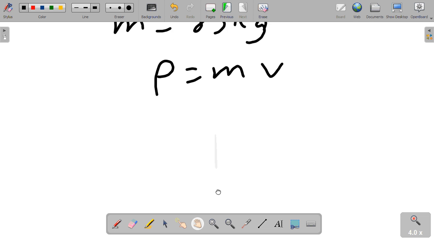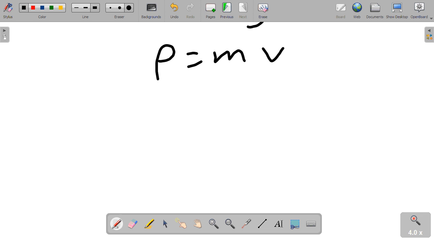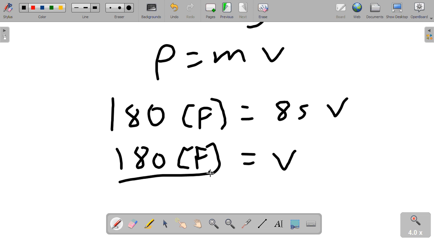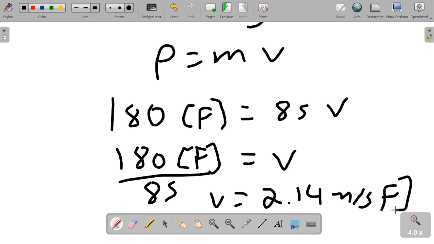So that means that our 180 kilogram meters per second forward is equal to 85 kilograms multiplied by our velocity. Or our velocity is 180 kilogram meters per second forward divided by 85 kilograms. That makes our velocity 180 over 85, which is 2.14, and that will be meters per second forward.